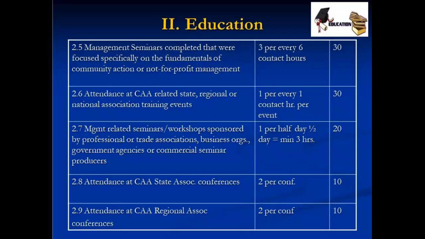2.6 is for attendance at community action-related state, regional, or national association training events. Now, that means specifically this. Did you go to our virtual conference back in August? Every 1 hour session you attended counts for 1 contact hour.